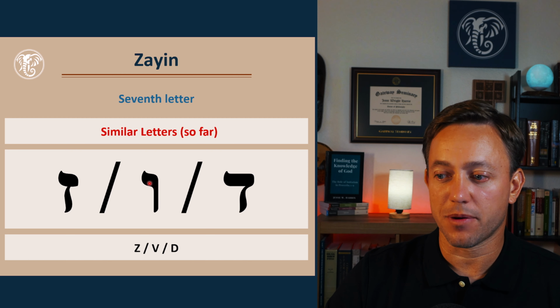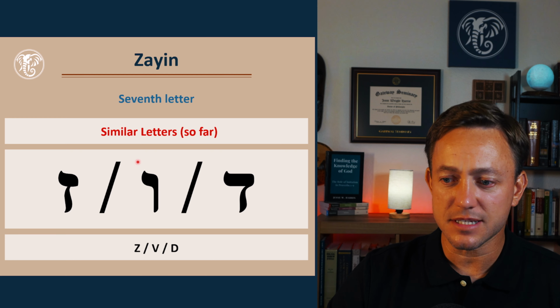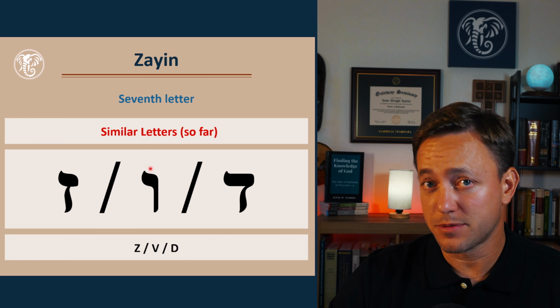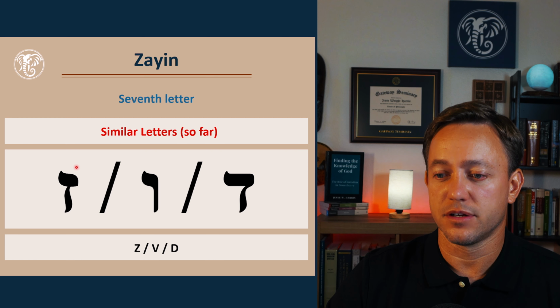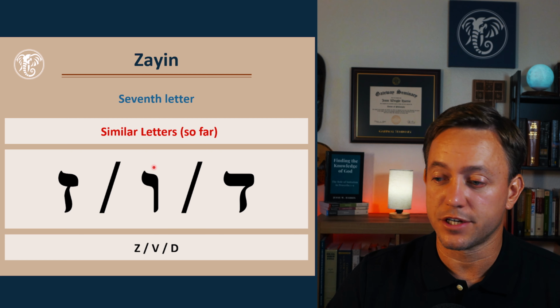So this top part is a little bit more just because of the fancy style of writing here, the font. But as you can see, they're both very similar. And so it will be perhaps challenging for a little while for you to really get the feel for those differences and remembering which is which.